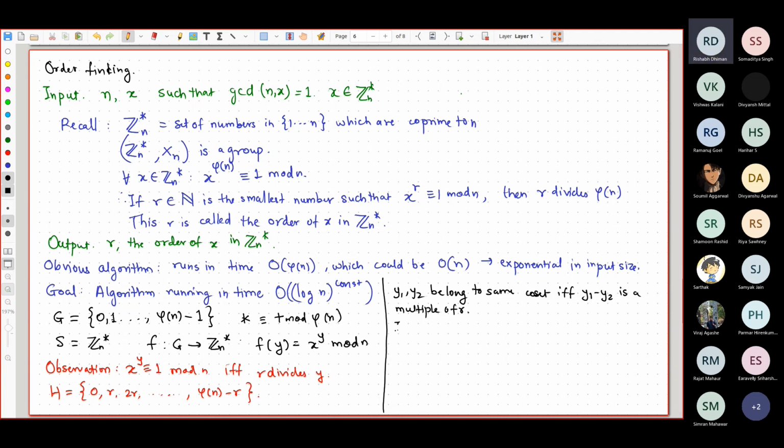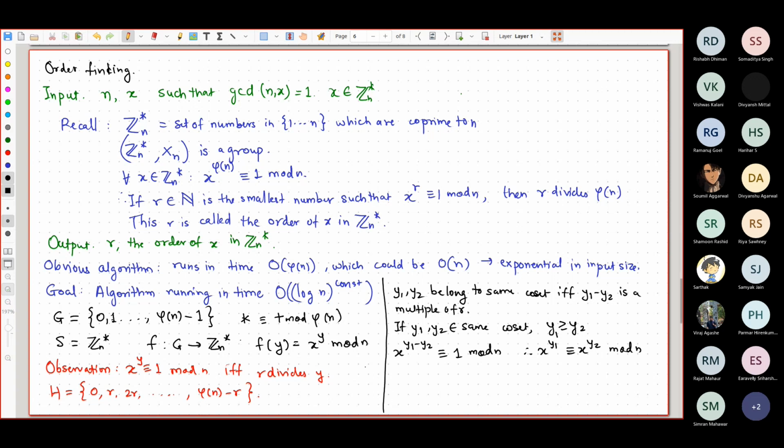So if y1, y2 belong to the same coset, let's say y1 is greater than or equal to y2 without loss of generality, then you have x to the y1 minus y2. Since y1 minus y2 is a multiple of r, x to the power y1 minus y2 is congruent to 1 mod n. So x to the y1 is congruent to x to the y2 mod n, which means if two inputs are from the same coset, then the value of the function on both inputs is the same.